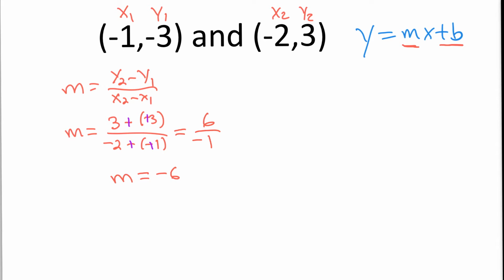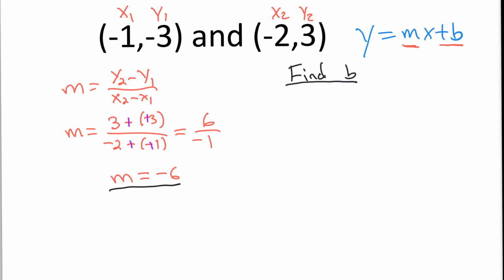So to find b, we are going to use the formula. We are going to use x and y. We're going to substitute the slope, and then we're going to solve for b. So now we are going to find b. When you guys have the slope already, I'm just going to circle the slope right here. This is my slope. I'm going to start substituting into the formula y equals mx plus b.